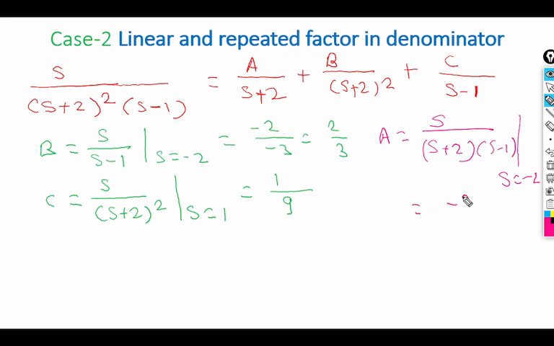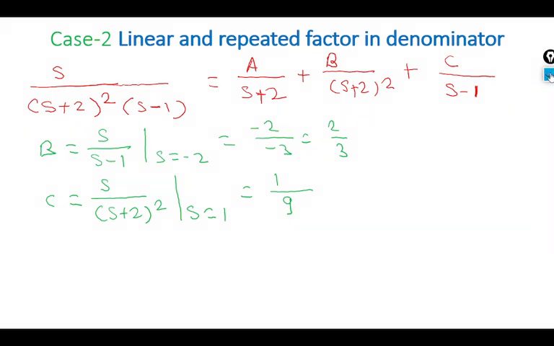That is minus 2 upon 0, and that is undefined. So the value of a we cannot find by the shortcut method. That's the problem here. So only b and c we can get by the shortcut method. To get the value of a, there is no option other than cross multiplying and substitution.